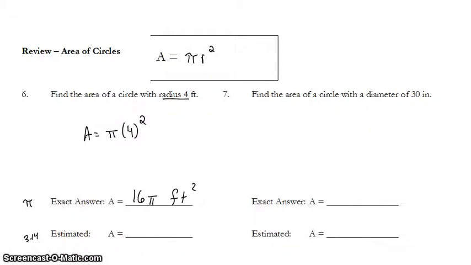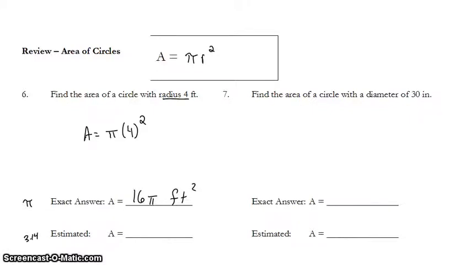But that's not a realistic answer if this were an application problem. If I had asked you to go out and measure a circle, find some area of a circle, you're not going to come back and tell me it's 16 pi. I'm not going to be able to do anything with that. If I need to buy materials, I can't go and say I want 16 pi square feet of that.